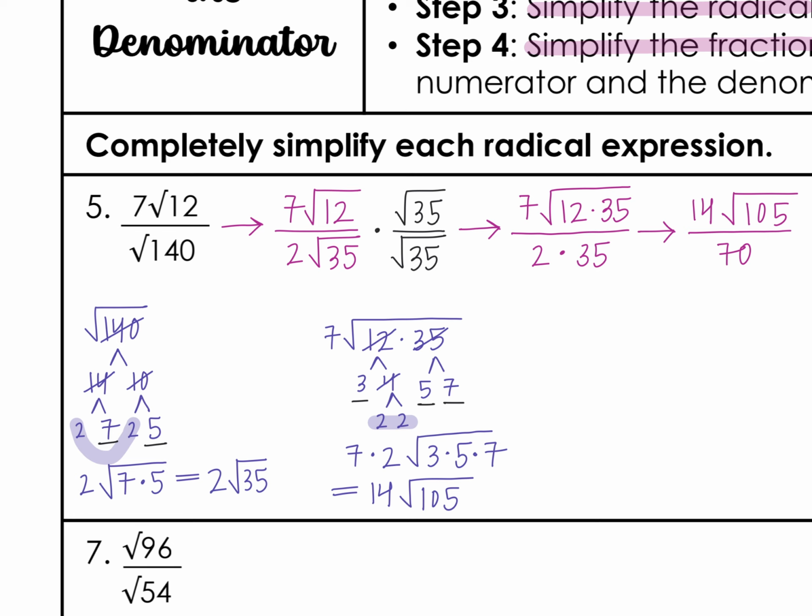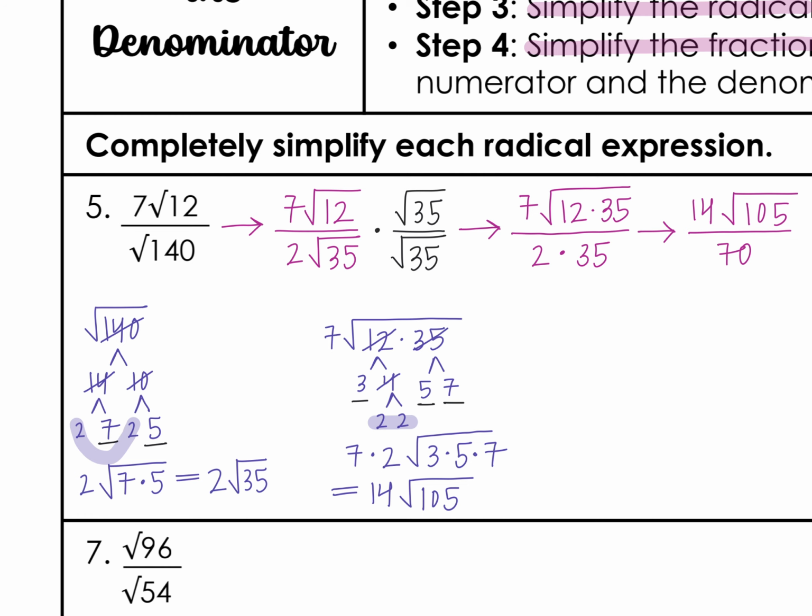Okay, so we already know that step 3 of simplifying my radical has already been taken care of, because if we look at what we multiplied to get that 105, we have all prime numbers and no pairs. So then moving into step 4, I want to look at that 14 over 70.